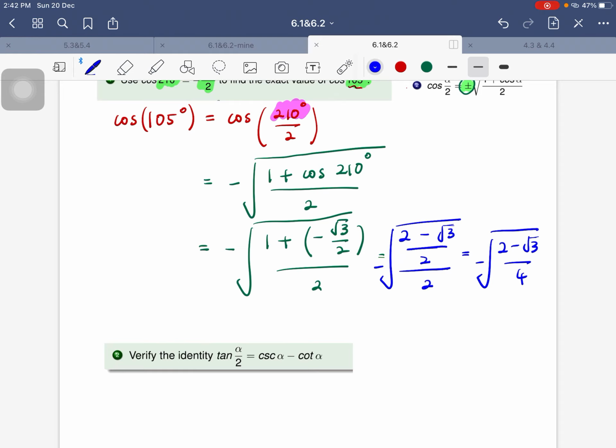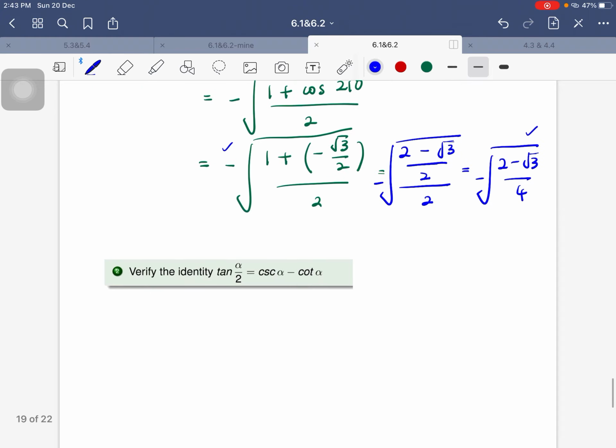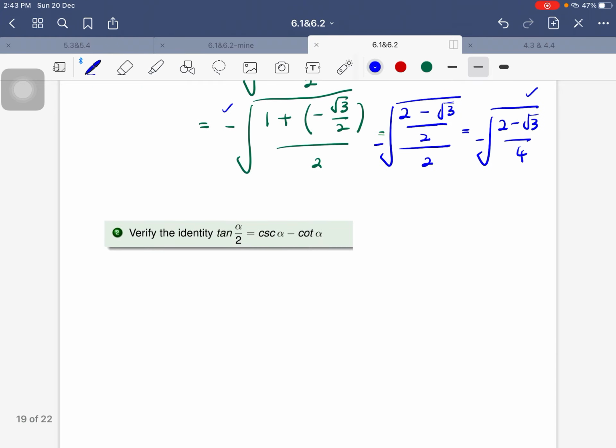Okay, so that is going to be the simpler form that I can come out of this. But if you were to leave it like this, that is already the exact value. But if I were to simplify, I can also change it into this form. So that is going to be our exact value.